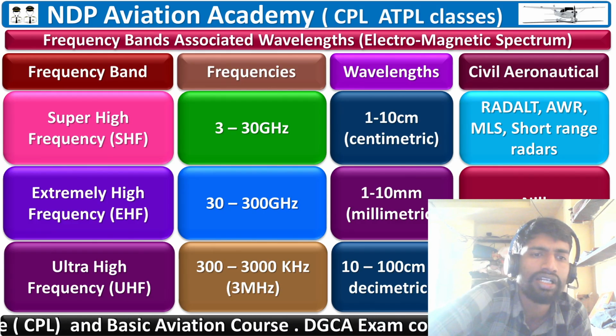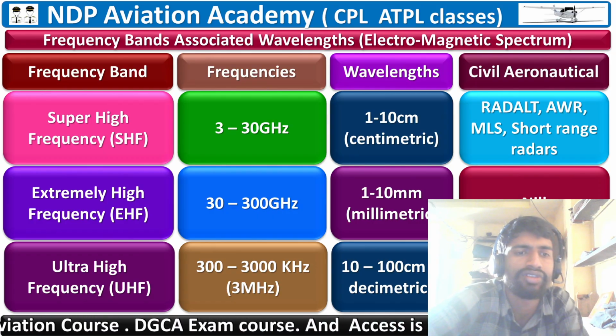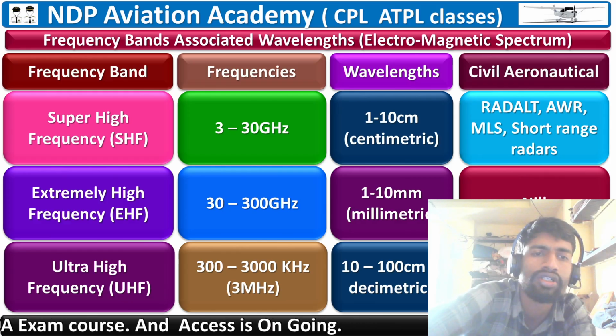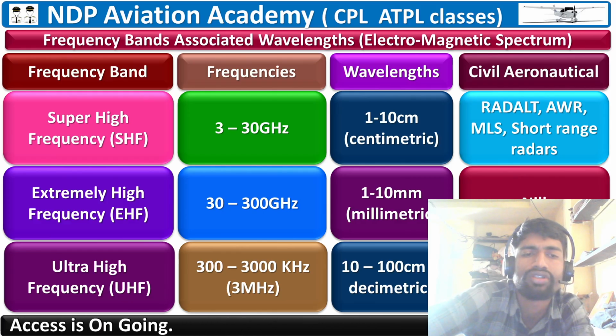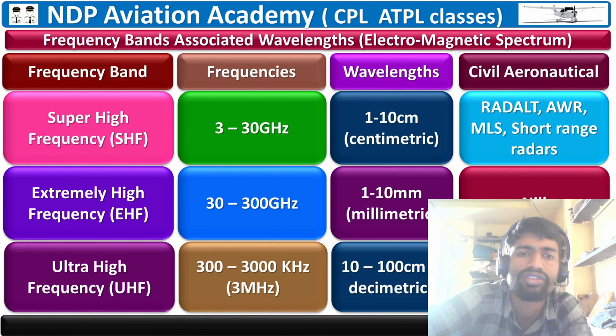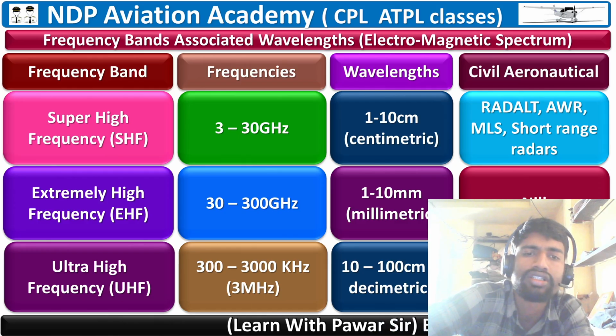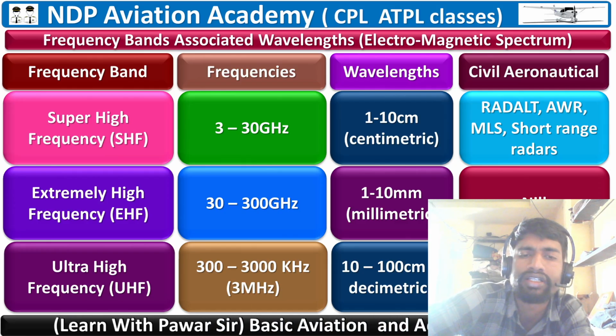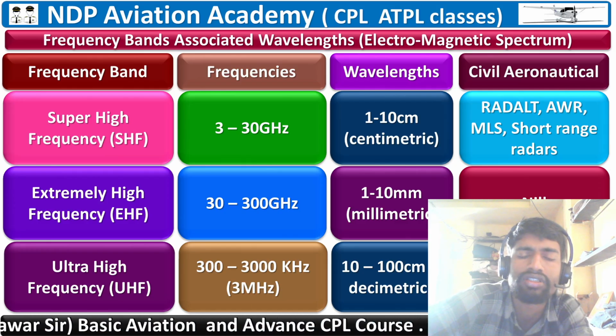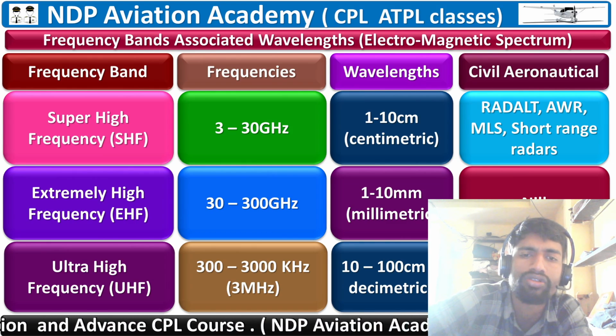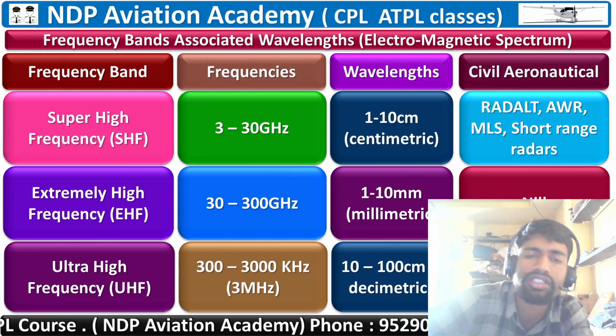Then ultra high frequency, you can say in short UHF, starts from 300 to 3000. 300 megahertz, and that's called 3 gigahertz.